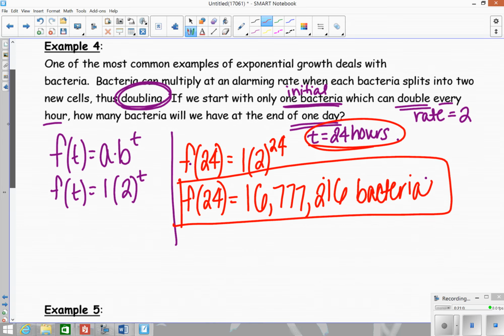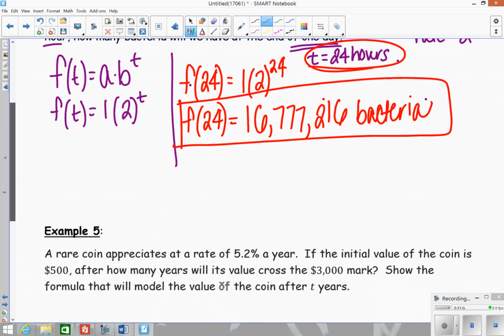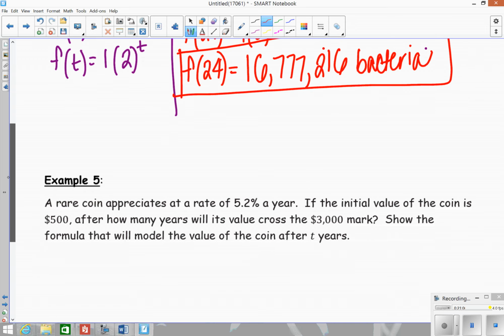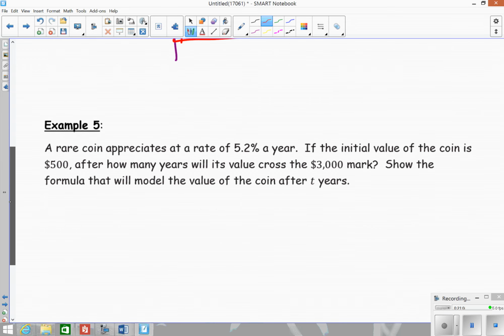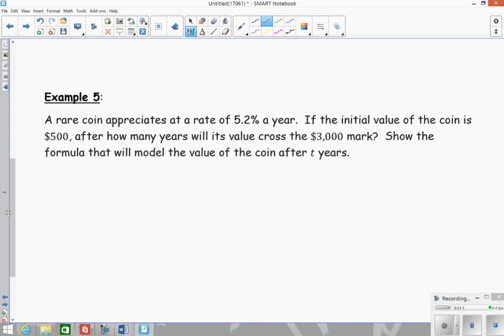So then the last one here, example 5, we are talking about a rare coin that's appreciating. So appreciate is another word that represents growth. So remember, depreciate meant decay. Appreciate means growth, and it's increasing at a percentage rate, so that tells me exponential growth.